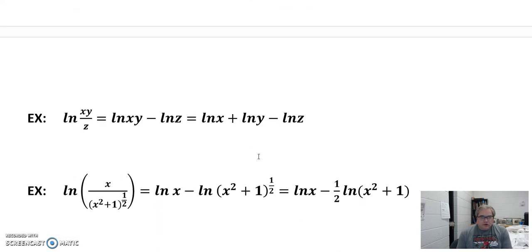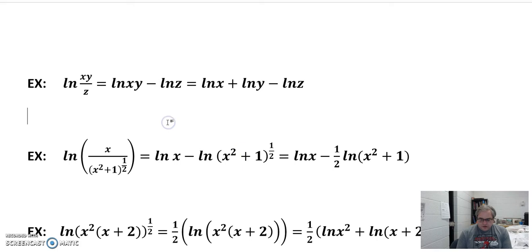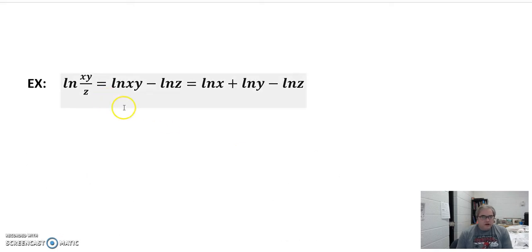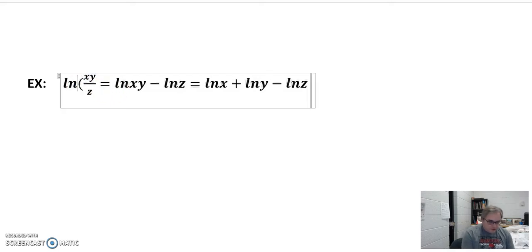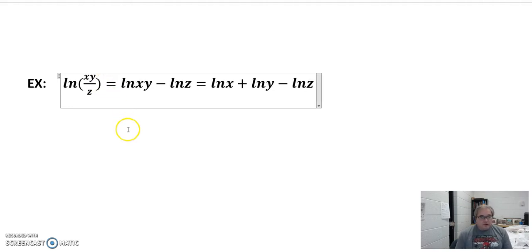Here's a couple more. Let's get rid of this one for a second. Let's just look here. I have ln of x times y over z. Sometimes I can put these in parentheses, and it kind of depends on what the book's doing, what the instructor's doing. I don't particularly care that much if it's all one entity, one term right there.